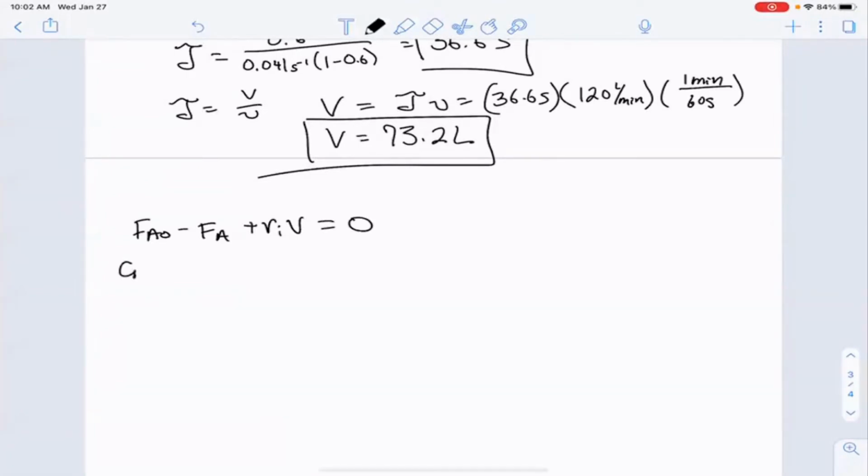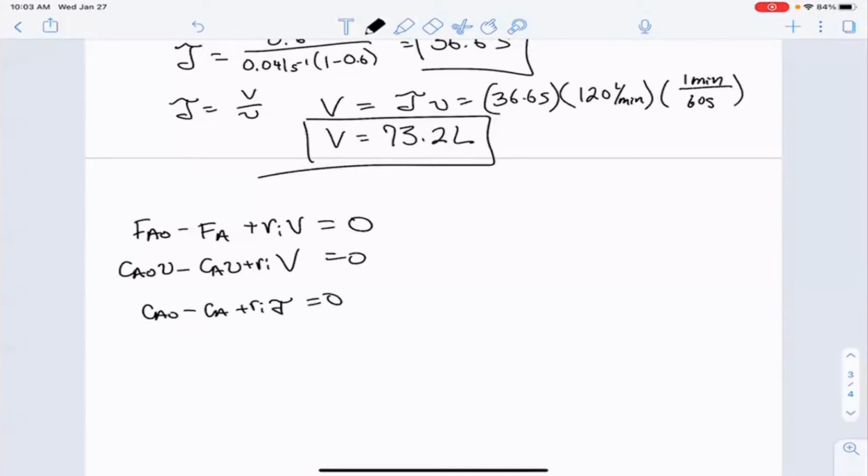And that's CA0 V minus CA times V plus RI times the volume is equal to 0, or CA0 minus CA plus RI tau is equal to 0.